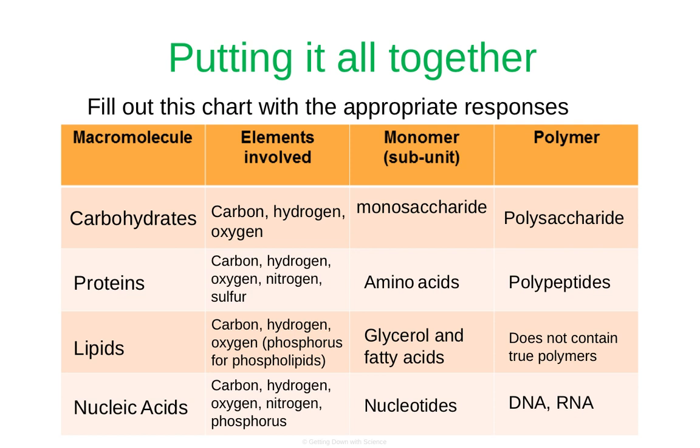So those monomers will construct to form larger molecules or polymers. Monosaccharides will form polysaccharides. Amino acids will form polypeptides, and nucleic acids will ultimately construct DNA or RNA. So these glycerols and fats do not technically have a true polymer.